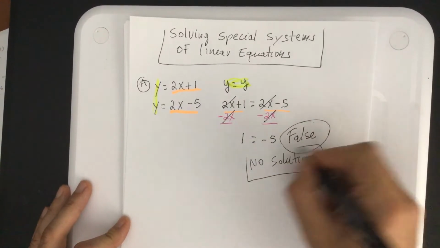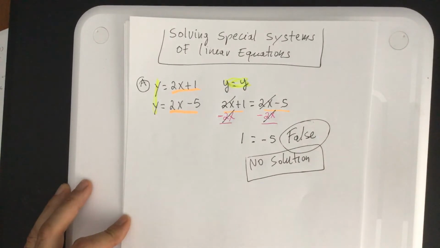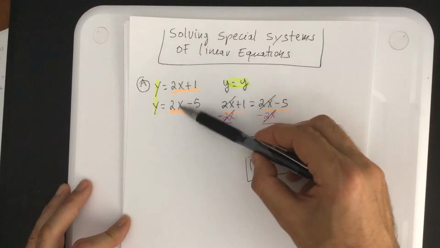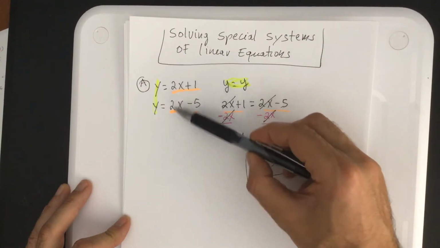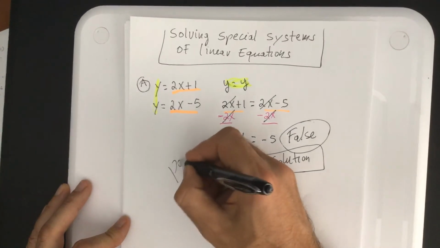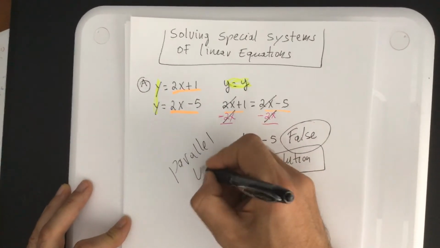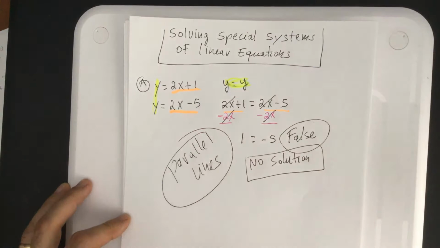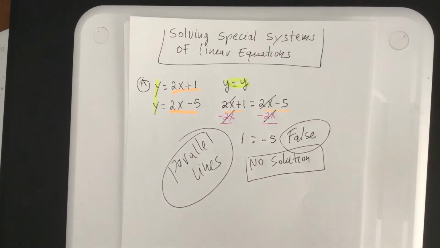Why do you have no solution? If you remember, parallel lines in the previous chapters, these two equations are parallel lines. See, they have the same slope, different y-intercepts. They are parallel lines. And if you know the definition of parallel lines, you know that parallel lines never cross each other.